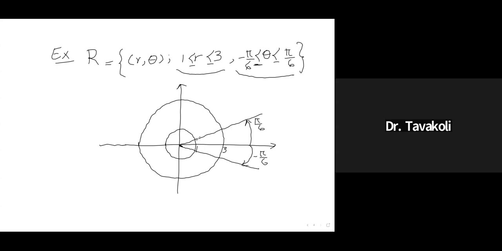Let me shade that. So it consists of this region here. It is the region trapped between these two circles and also trapped between those two lines.